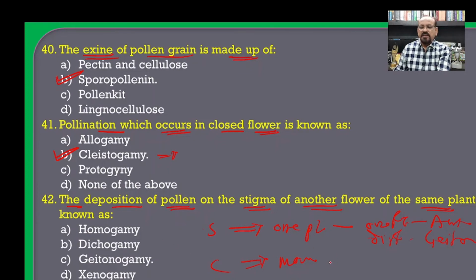In cross-pollination, when one species is involved, it is known as xenogamy, and for different species, it is known as hybridization. It means our answer is geitonogamy, and hence C is the correct answer for this question.